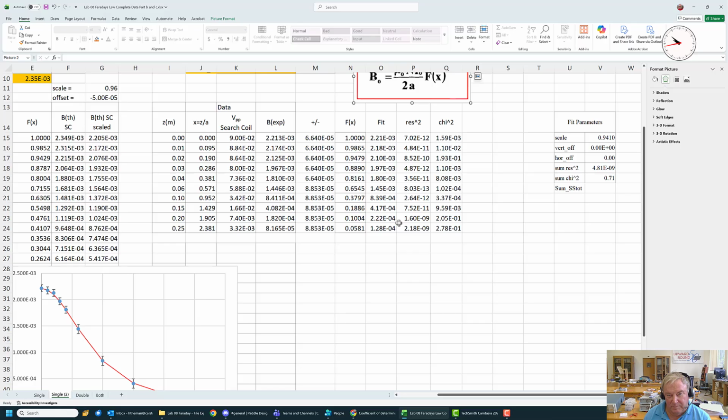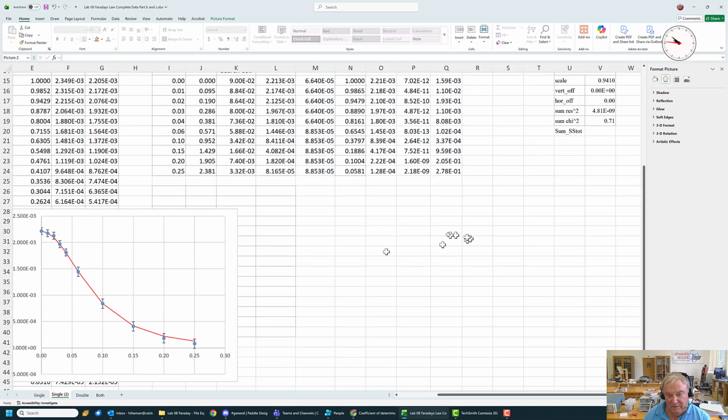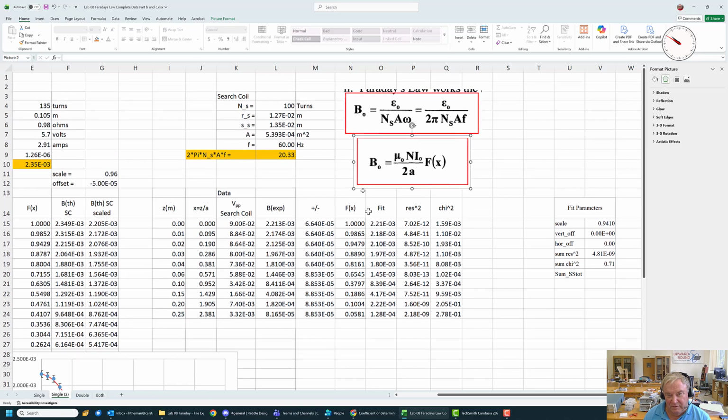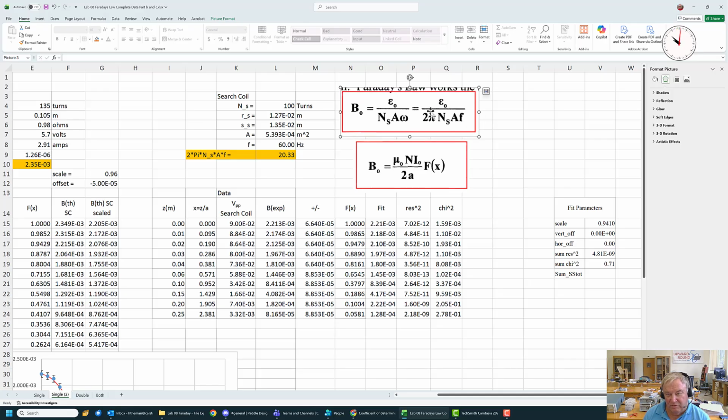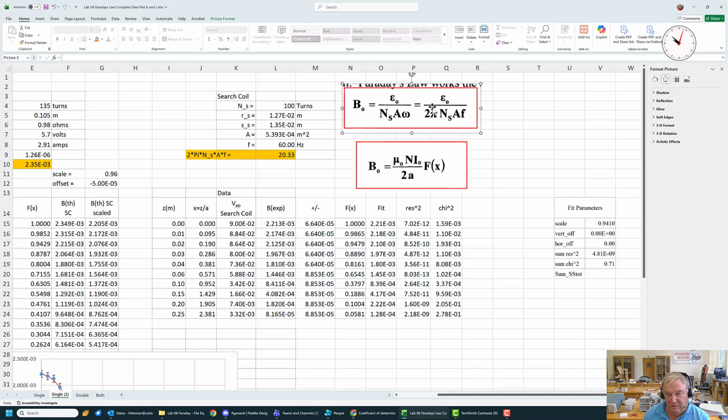But we're trying to demonstrate that Faraday's law works, right? We didn't need Faraday's law to derive this one. Faraday's law is about changing flux. So if this fit equation gets a good R squared, that means Faraday's law, which we used to derive this, works.